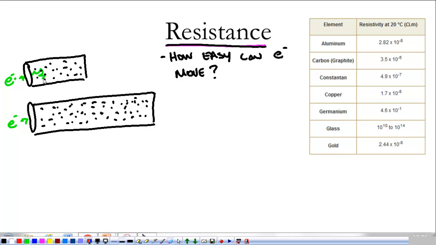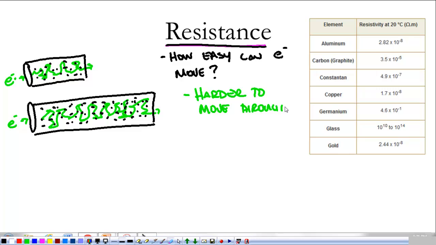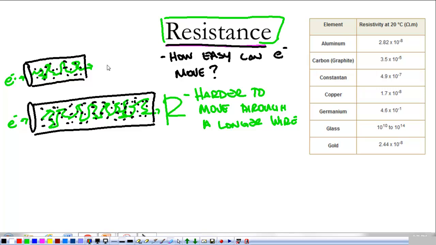This electron will have to bounce through this stuff. This electron will have to bounce through Plinko style all this stuff. So it is harder to move through a longer wire. It's harder to push charges through that longer wire, which means it's going to have a bigger resistance.